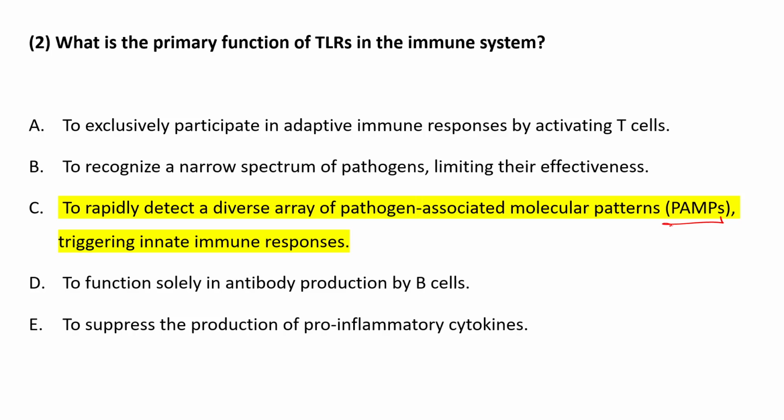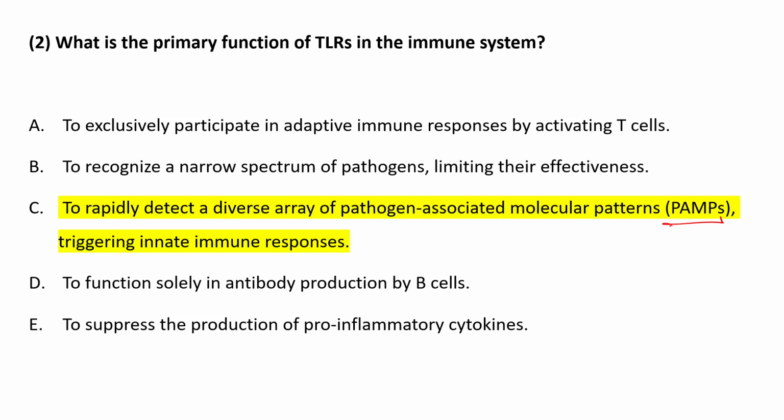These TLRs are a family of PRRs, that is the pattern recognition receptors, which are found on immune cells like macrophages, dendritic cells, and neutrophils. Their primary role is to recognize specific molecular patterns, which are the PAMPs, pathogen associated molecular patterns.